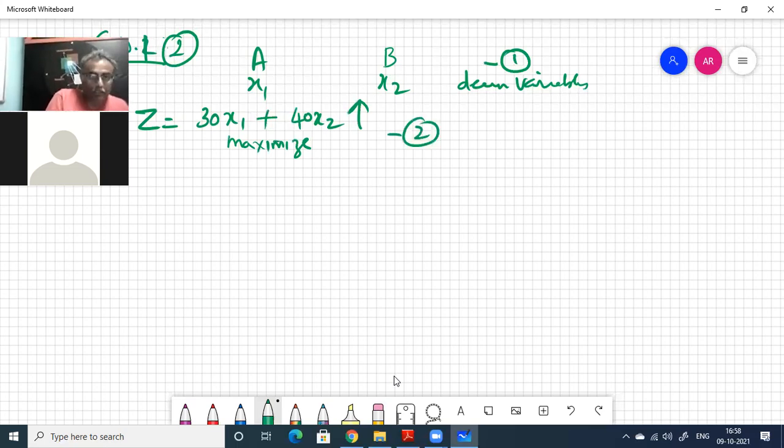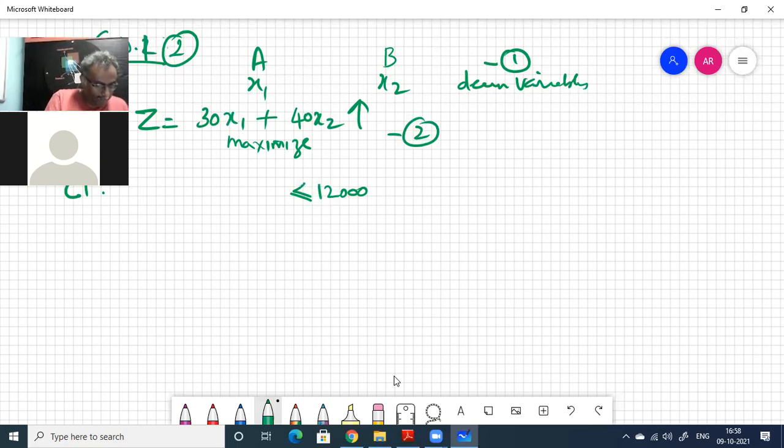Now let us look at the constraints. Okay, first constraint: raw materials. The capacity available per month for raw materials is 12,000. If you have to maximize, then the constraints will be of the less-than type. If you have to minimize, the constraints will usually be of the greater-than type.